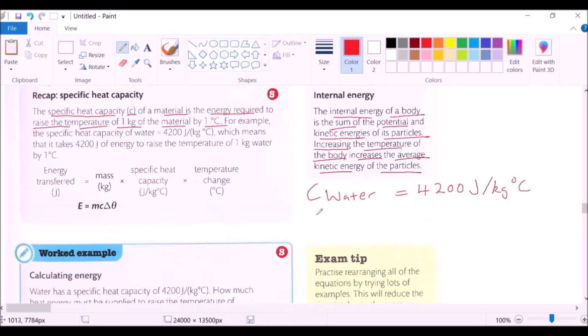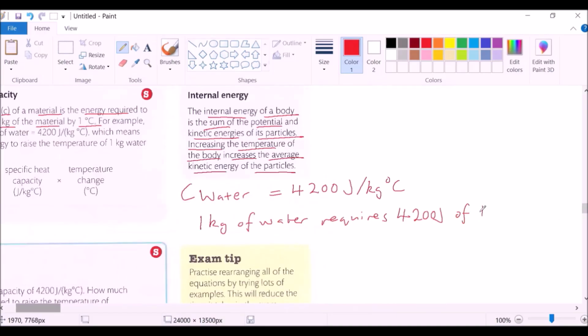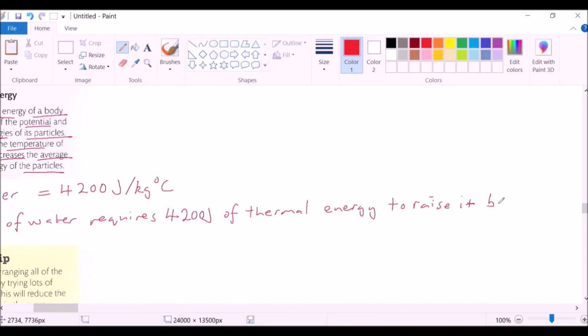So what that means is 1 kg of water requires 4,200 joules of thermal energy to raise it by 1 degree Celsius. Let's say from 14 degrees Celsius to 15 degrees Celsius.